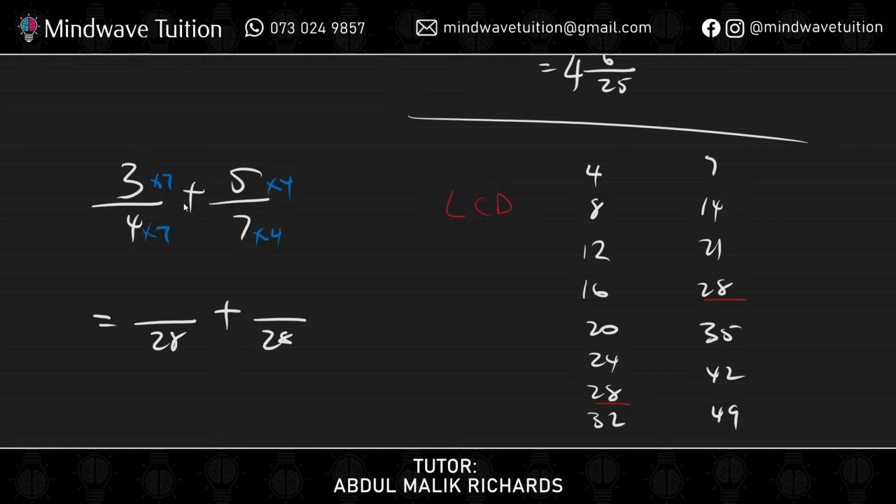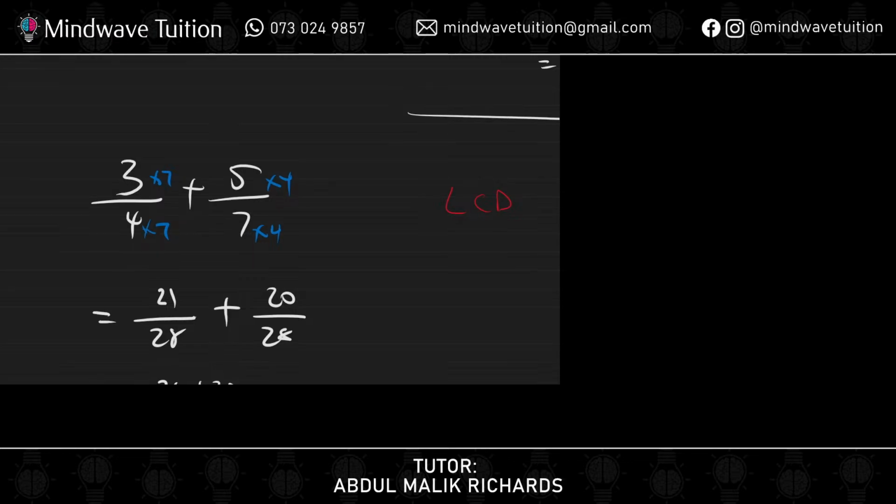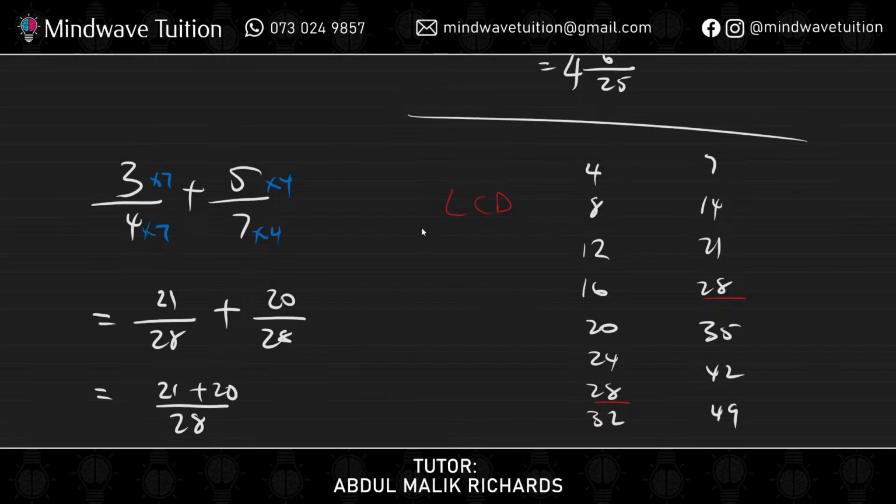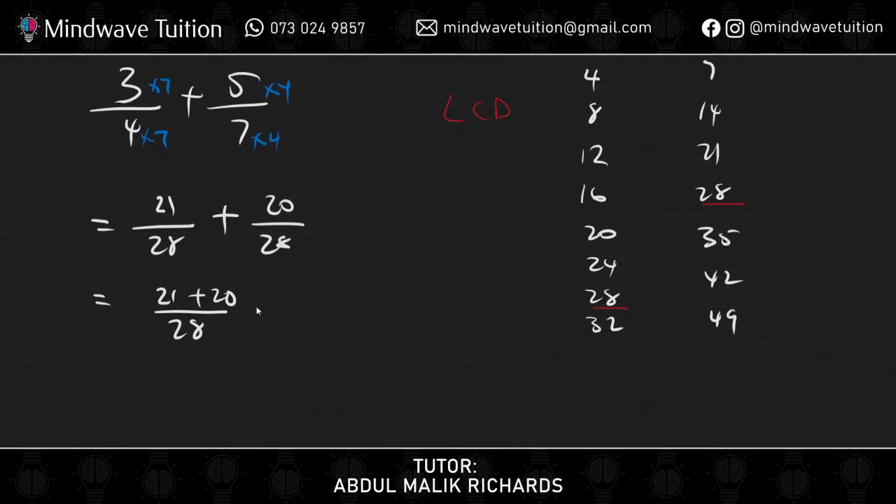So now we just multiply the numerators. So 3 times 7 is 21. And 5 times 4 is 20. The denominators are the same, so I can keep the denominator and add our numerators. And 21 plus 20 gives us 41 over 28. Again, we can write this as a mixed fraction.